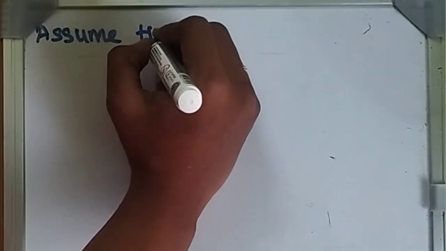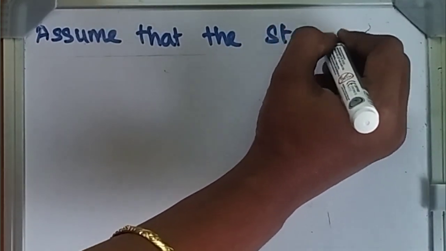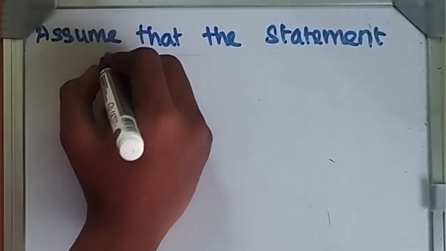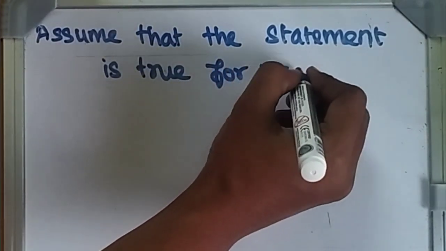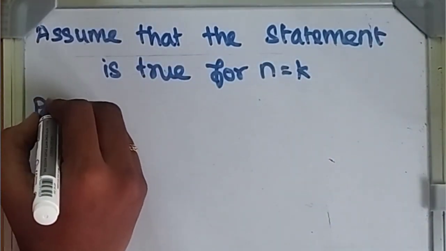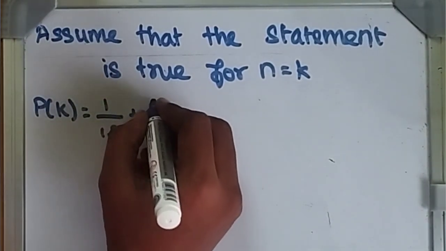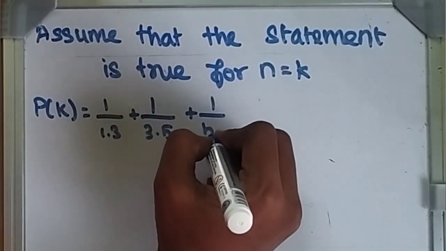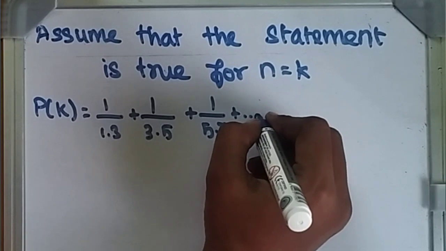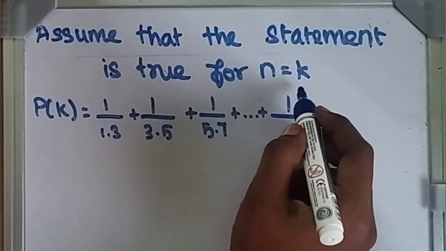Assume that the statement is true for n equals k. So it becomes P of k equals 1 divided by 1 multiplied by 3 plus 1 divided by 3 multiplied by 5 plus 1 divided by 5 multiplied by 7, and it goes on up to 1 divided by, in place of n we have to put k.